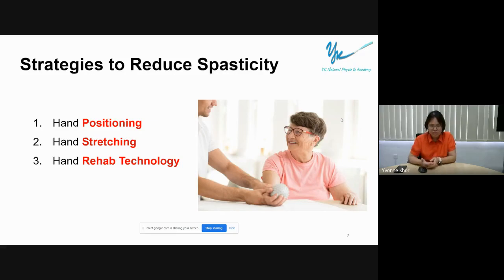Second, hand stretching. This is from previously, when hand rehab technology didn't come in. Currently, due to the improvement of science and technology, hand rehab technology is now coming. So these three are very important for a patient to recover from a stroke.